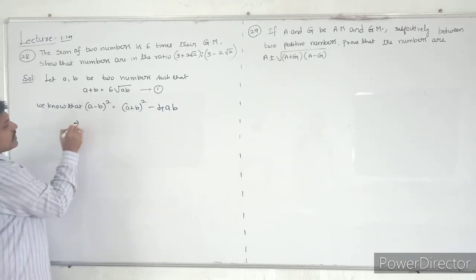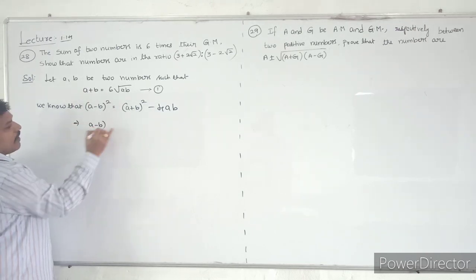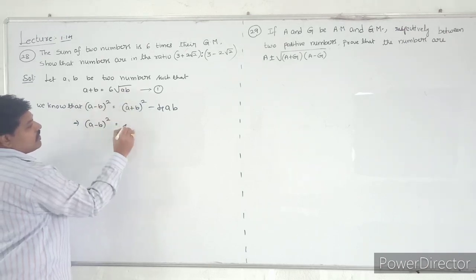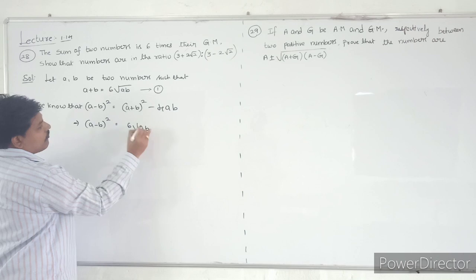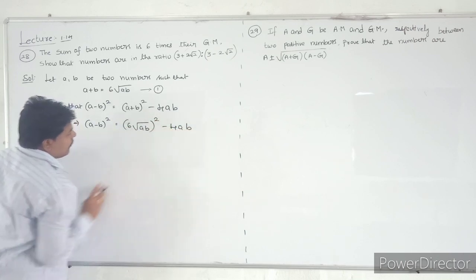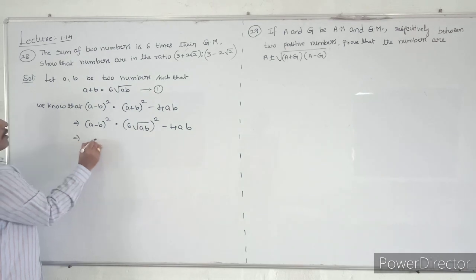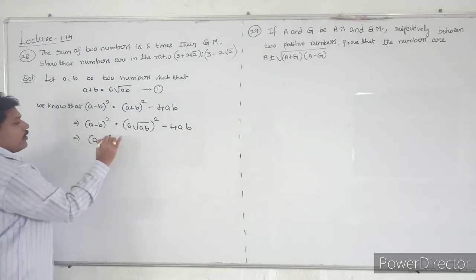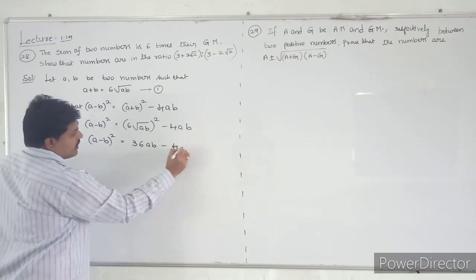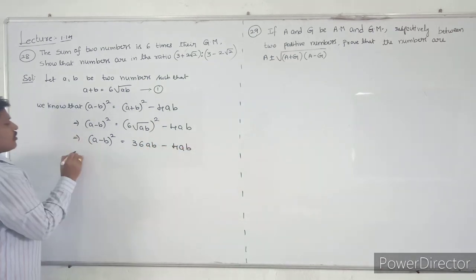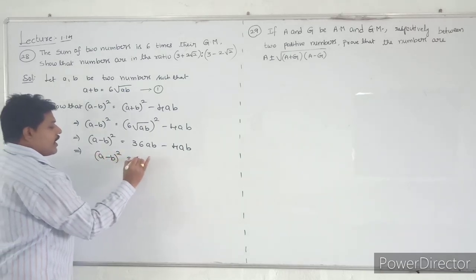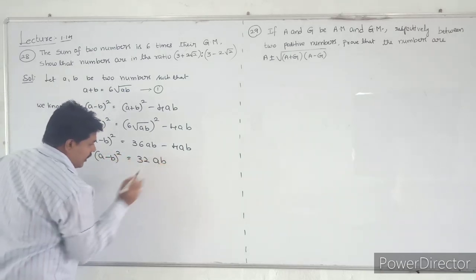So a plus b whole square is 6 into square root of ab whole square, minus 4ab. So a minus b whole square can be written as 36ab minus 4ab. That implies a minus b whole square is 32ab.